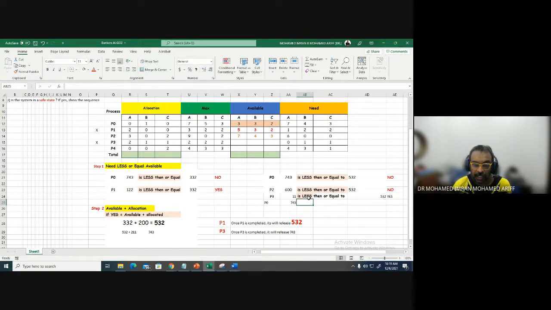Okay. Is it less or equal to what is available? Available ialah 743 juga ke? Betul. Available is 743. Sebab tadi kita dah ada balance of 743 and P0 pun perlukan 743 juga. So it's equal, yes. So the next process will be P0.